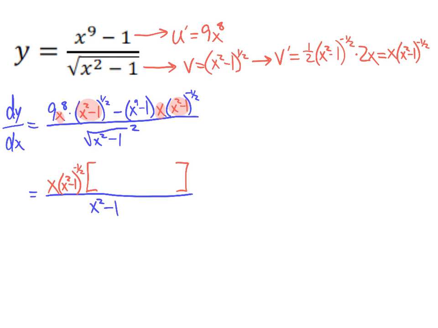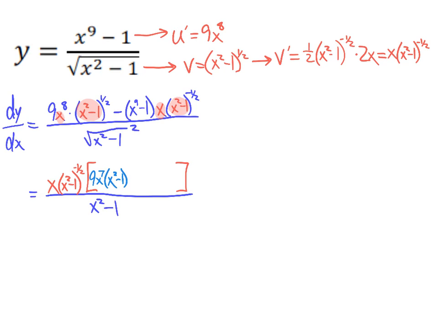Now, let's look at what happens as a result. First of all, I pulled an x out of the 9x to the 8th, so now it's 9x to the 7th. But if I pull out a negative 1/2 power and I originally had a positive 1/2 power, what's going to be the leftover part? Think about it. I have to multiply these back together to get a positive 1/2. If I'm multiplying, what do I do with exponents? I add them.